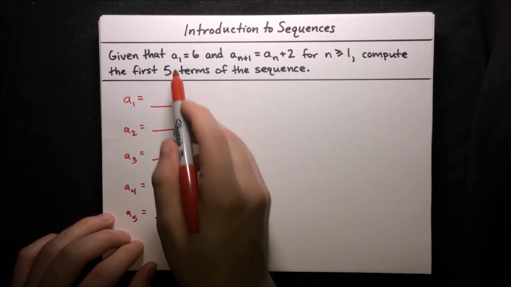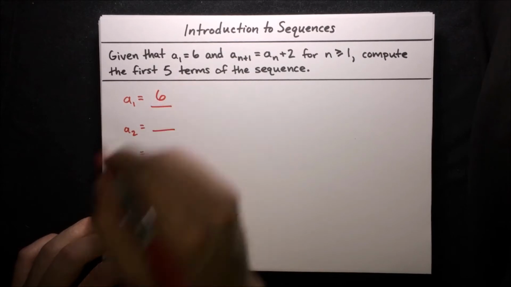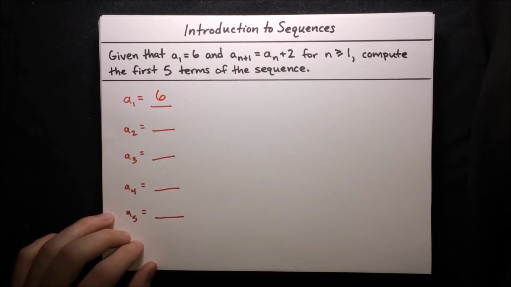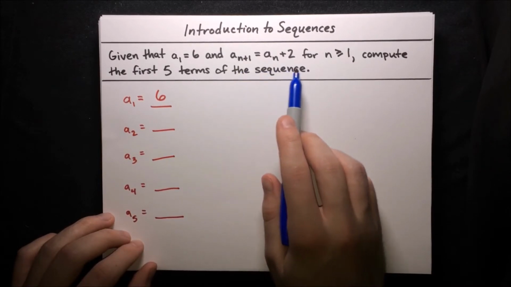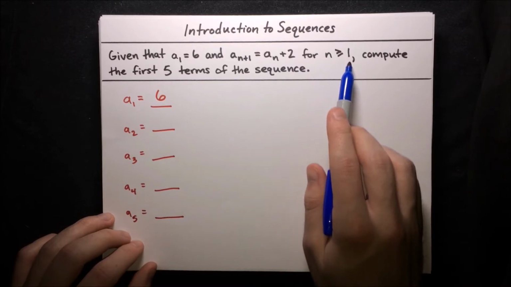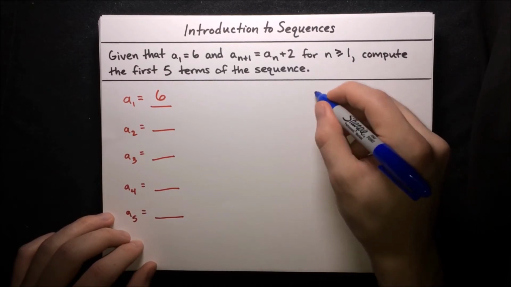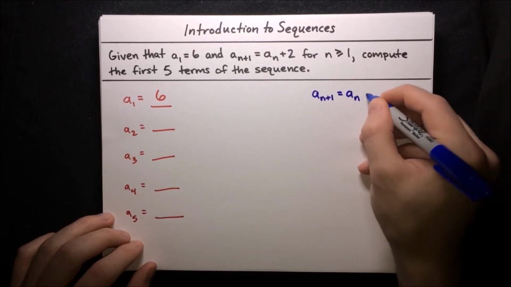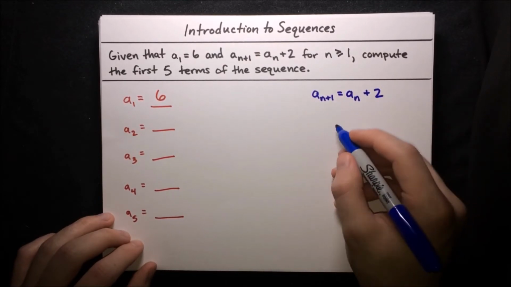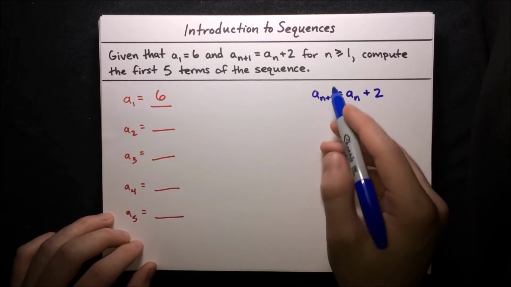Well, we're told that A1 is equal to 6, but we're not told what A2 is. However, we do have this rule, A(n+1) equals A(n) plus 2, that applies for n greater than or equal to 1. So why don't we take that rule, write it down again, A(n+1) equals A(n) plus 2, and let's just plug in n equals 1.